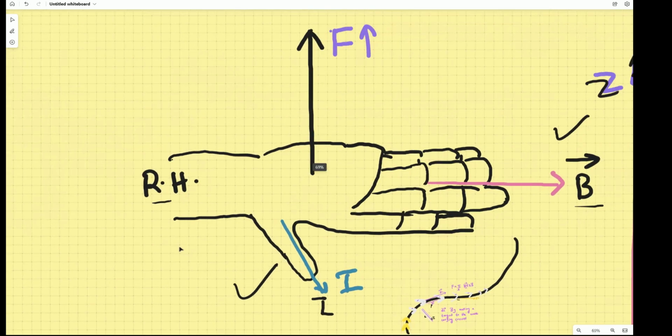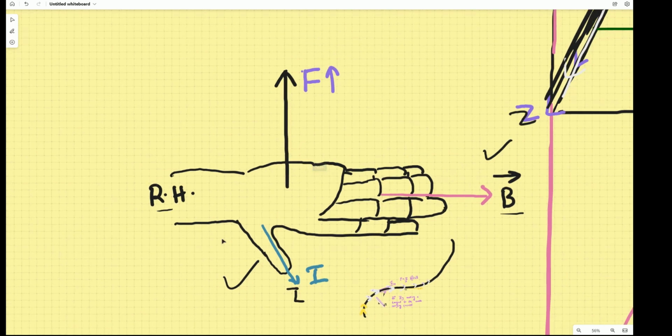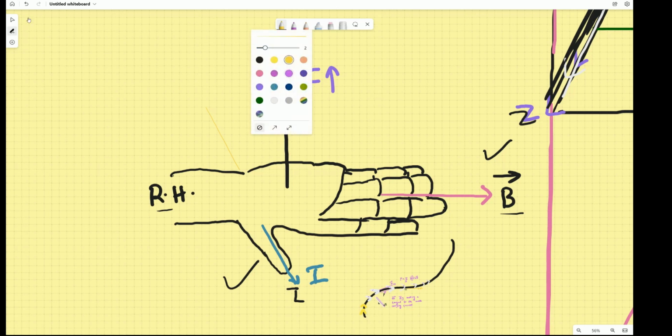The thumb. So assume if the current direction is in the reverse direction. So assume that the current is in the reverse direction like this. Okay, let me just use some other color which is easy to see. Let's say the current direction changes.